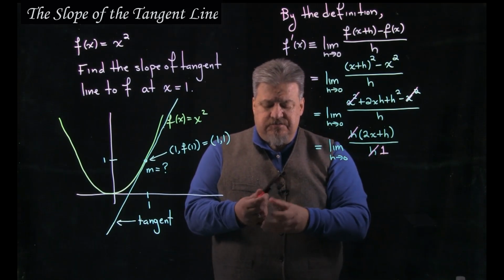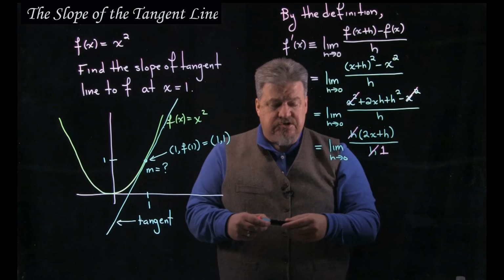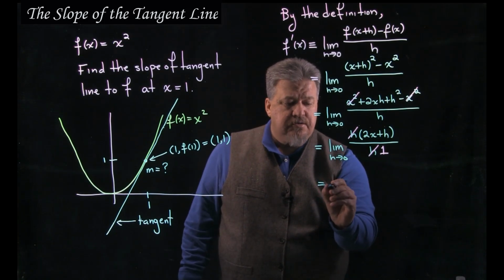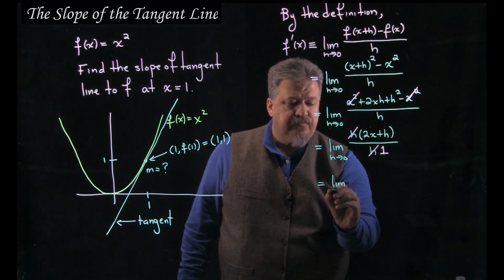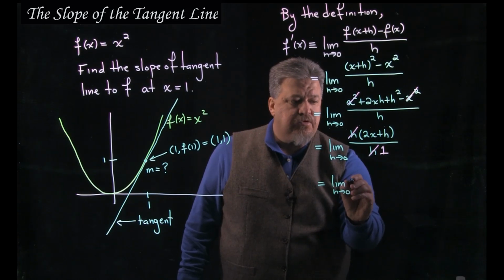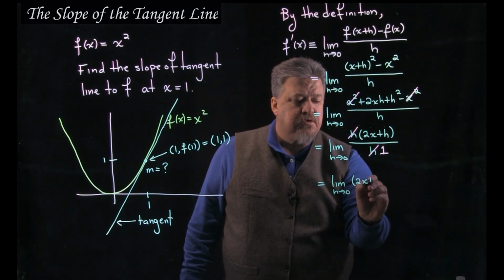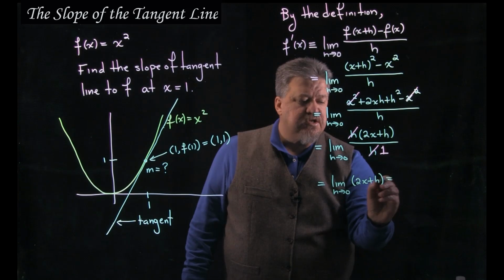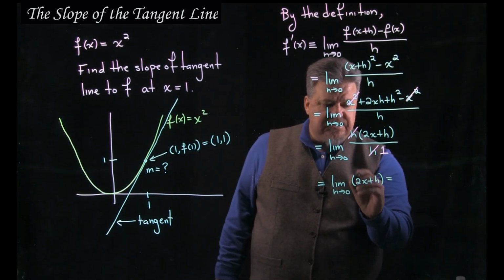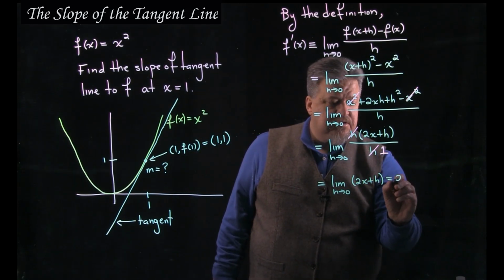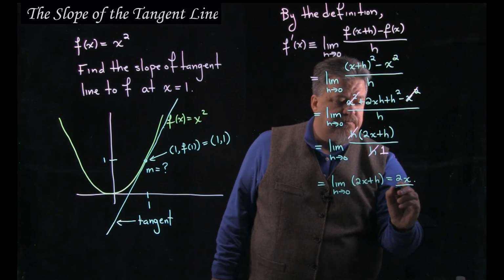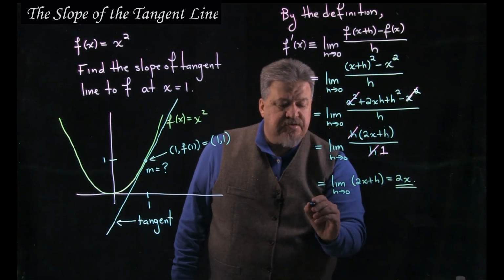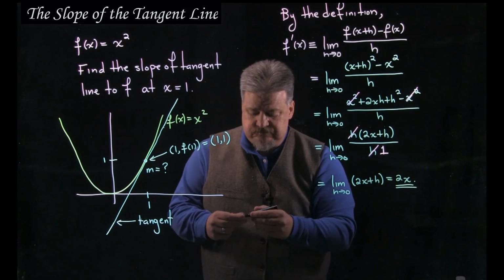Clearly you couldn't cancel these if these were functions. And so now we're ready to evaluate this limit. There's nothing to prohibit us at this time from plugging in 0 for h, so we get 2x.